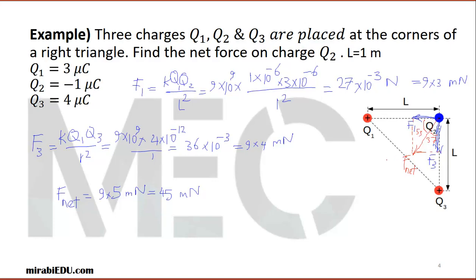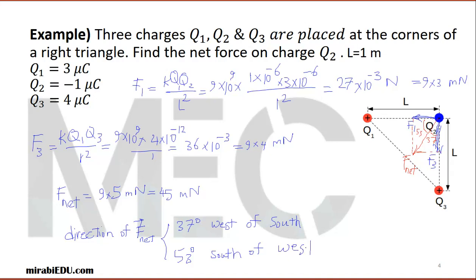So we can say the direction of the net force is 37 degrees west of south, or we can say 53 degrees south of west.